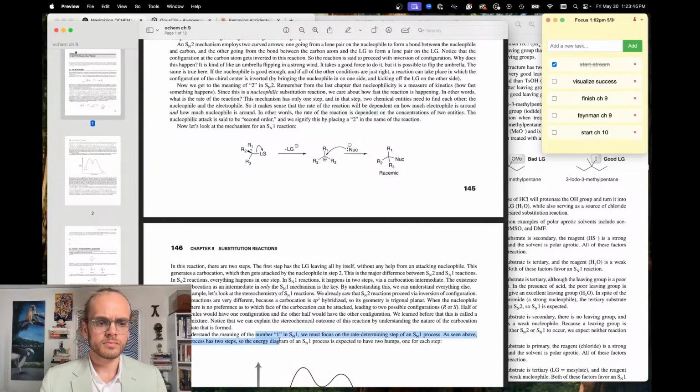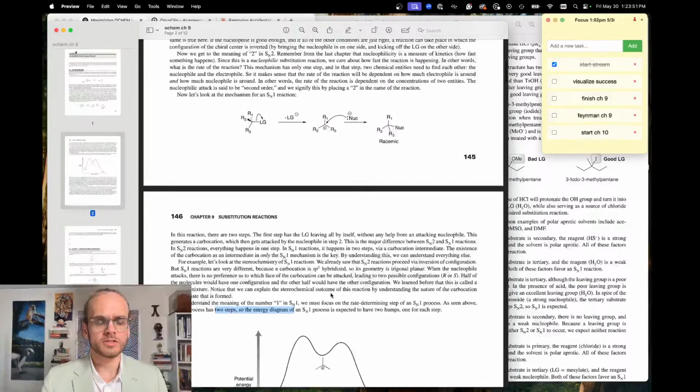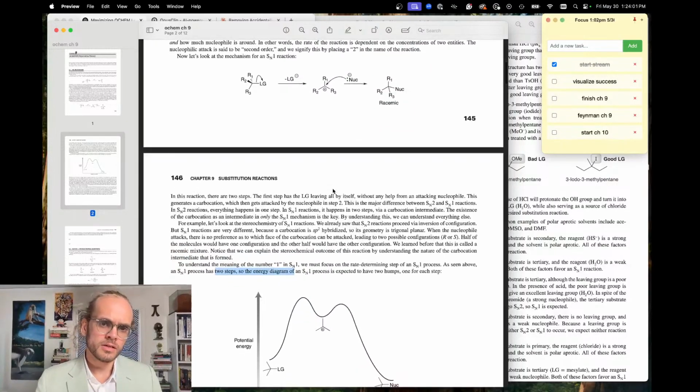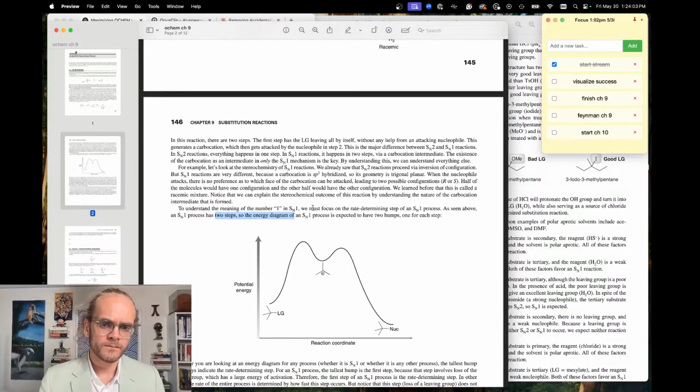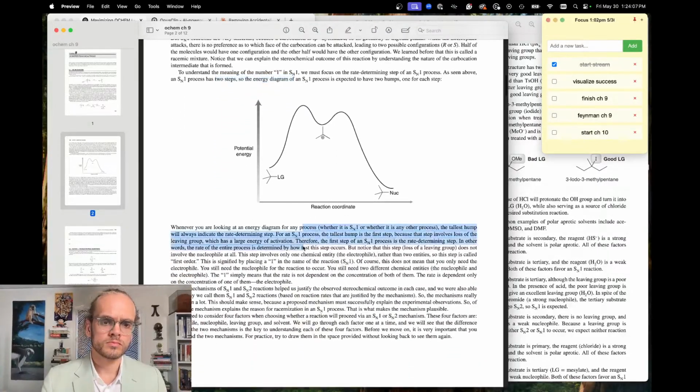SN1 process has 2 steps, so it's 2 humps in this thing right here. There's this first step where the leaving group goes. Then a nucleophile attacks and goes on here. Nucleophile that has a lone pair. The 1 simply means the rate is not dependent on the concentration of both.